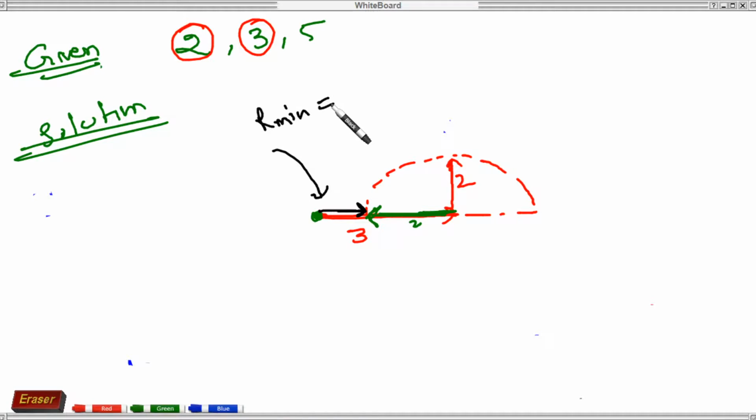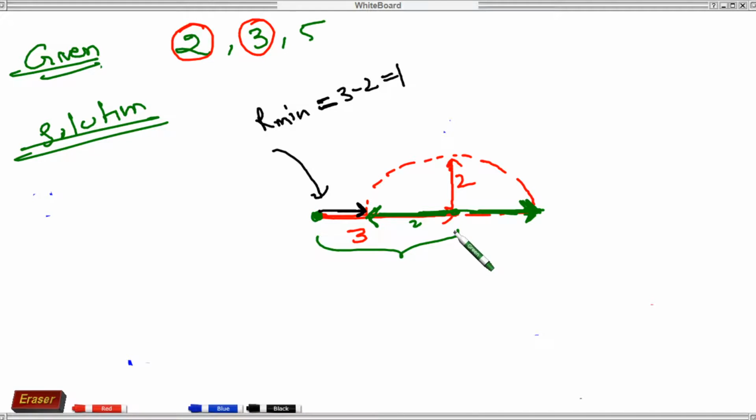Minimum resultant will be 3 minus 2, which is equal to 1. And when this 2 vector is here, this one is 3 and this one is 2, so this one will be 5.